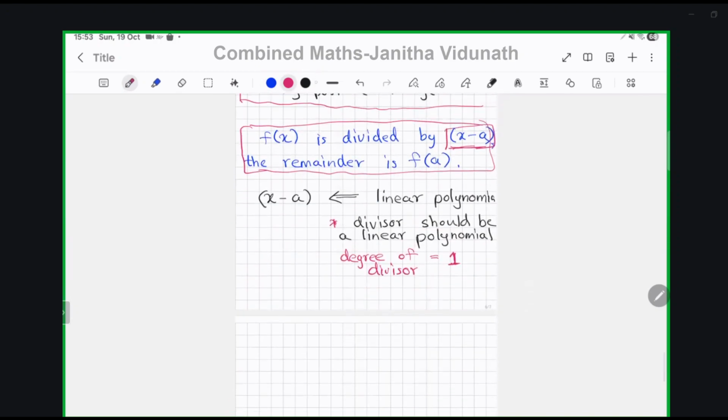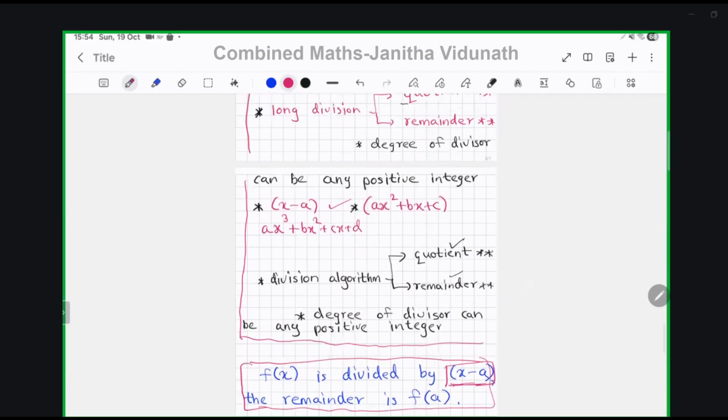Now, as for the naming, they have named this theorem the remainder theorem because here we can only find the remainder. But under long division and the division algorithm, we can find the remainder and the quotient also, and we can use those for any degree of divisors.